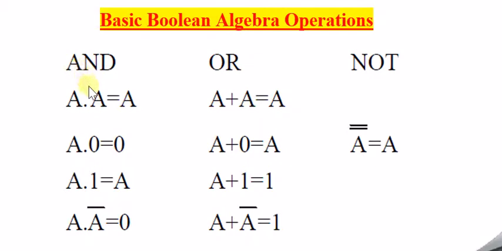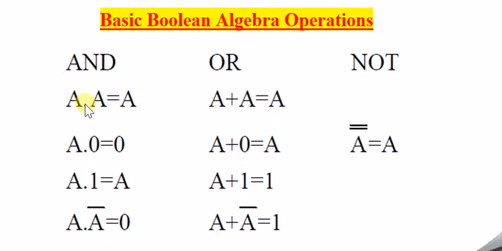AND is represented by a dot, which you are able to see here. OR is represented by a plus sign, whereas the NOT operation is represented by a bar above the variable, so A bar is the NOT or inverter operation. Let us quickly start with the AND operation, and then OR, and then we'll move on to NOT.